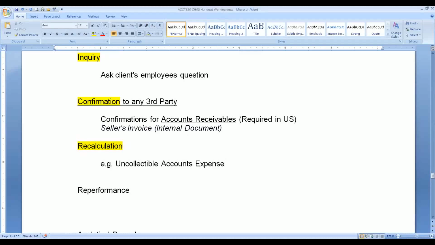You see what method they use, and then go ahead and recalculate it. Depreciation is another one that commonly is. Another one you can recalculate. And generally speaking, your recalculations are better evidence, right?